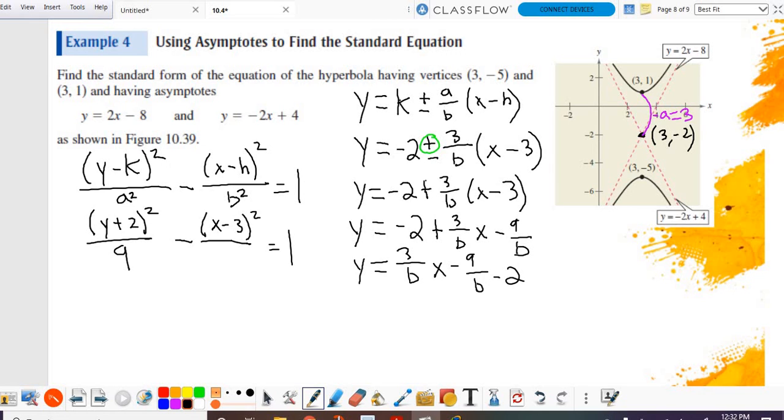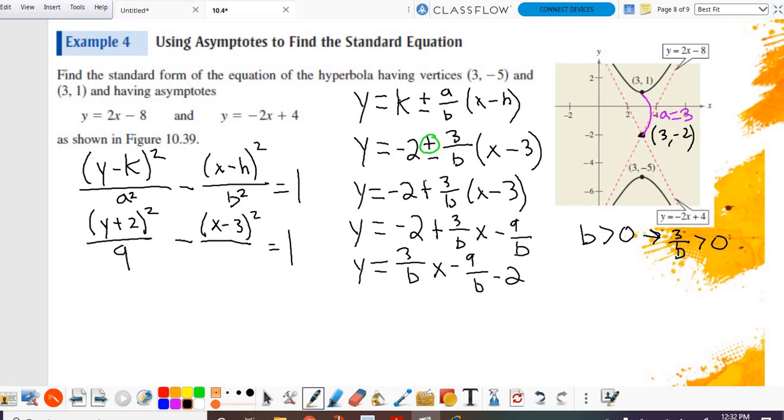Now there are some important things to point out. Remember that a and b represent distance, and if they represent distance, then they must be positive. So we know that b is positive. If b is positive, then 3 divided by b must also be positive.